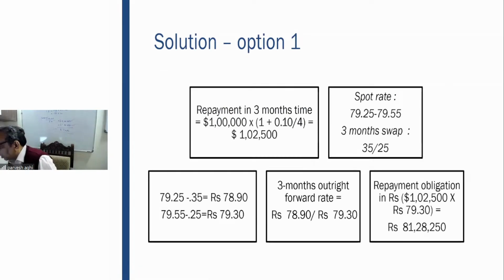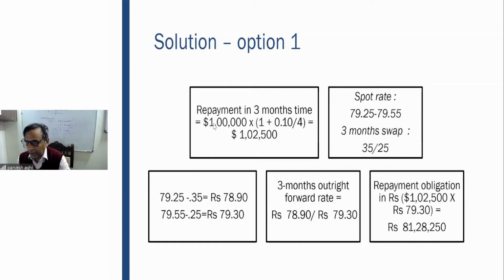Why swap conducted is not clear. Okay, Namrata. If you remember, if the rates are bid and ask swap points, 35 is the bid and 25 is the ask swap points. If they are in decreasing order, then we take the spot rate and minus the swap points.